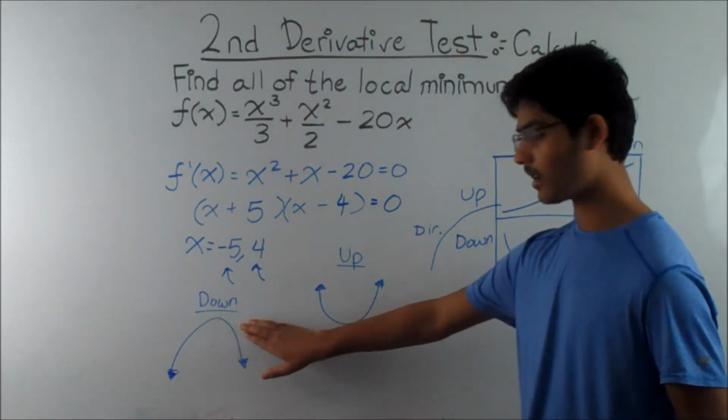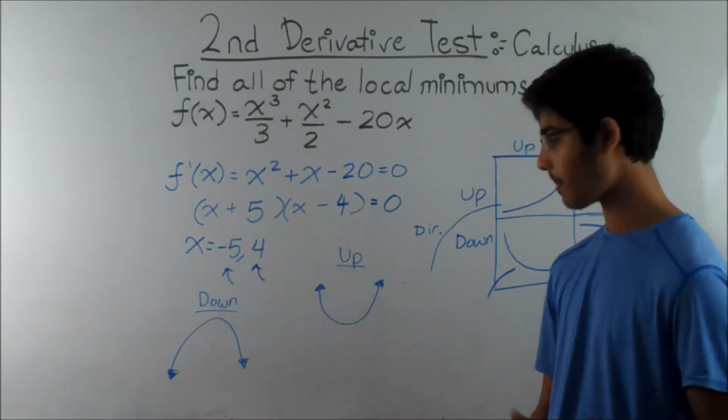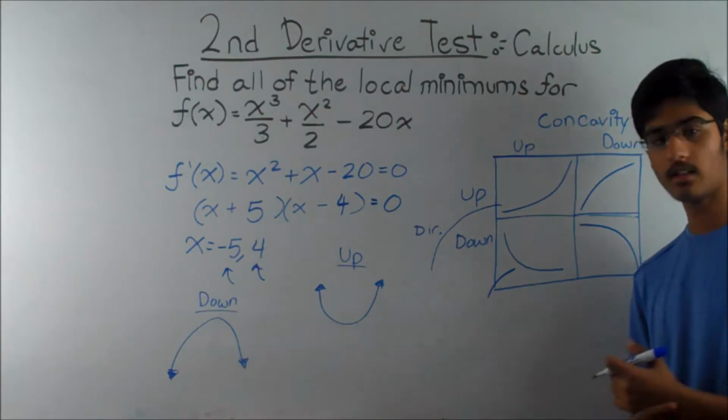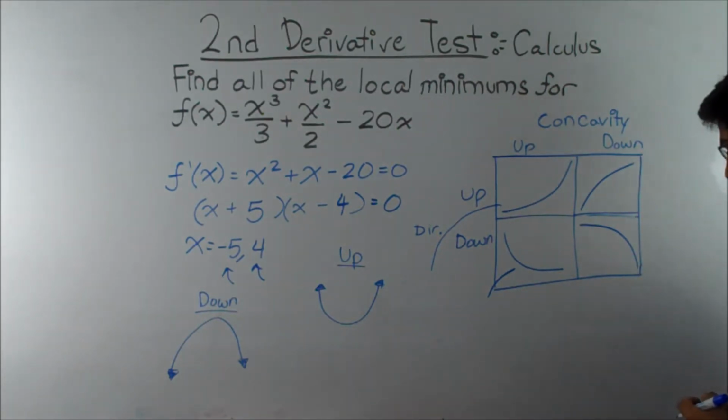So this would be concave down and decreasing, and this would be concave down and increasing. So let's look at these two for a moment and see a pattern between them and what we're looking for in this problem. So take a moment to find the pattern between them.